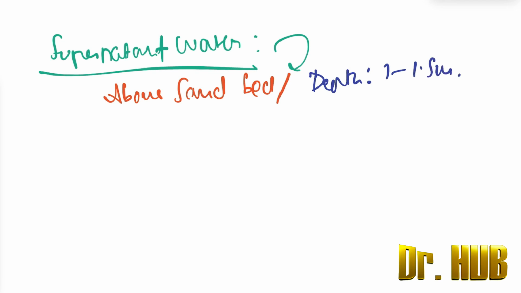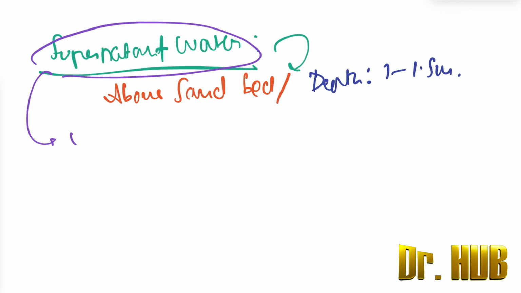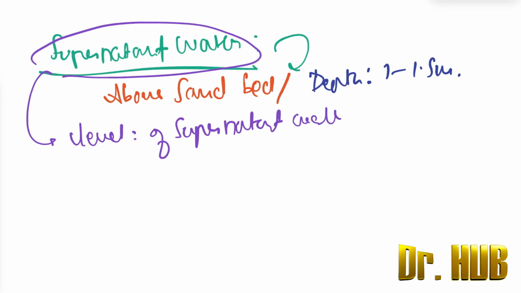The level of the supernatant water, or the raw water, is kept constant.